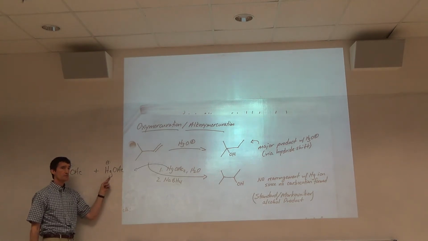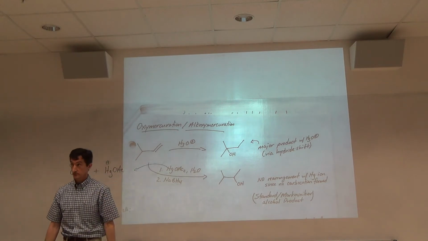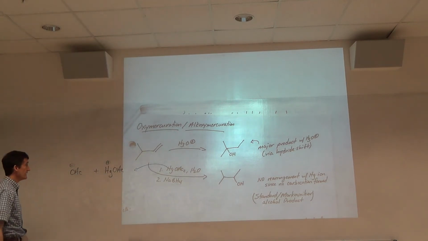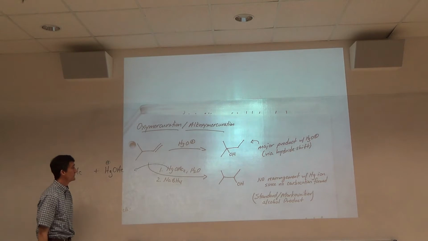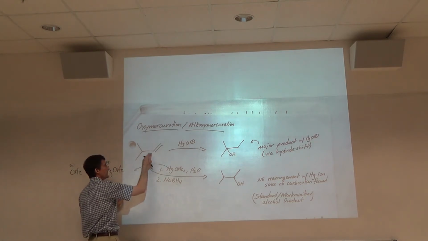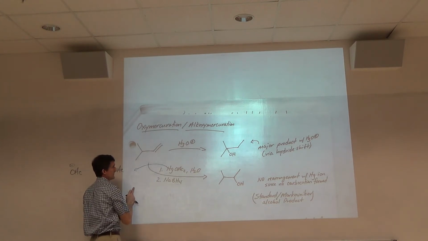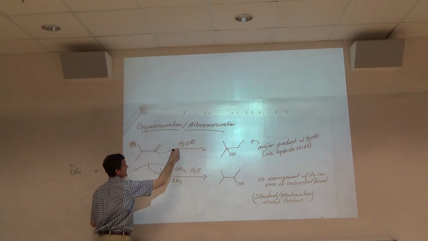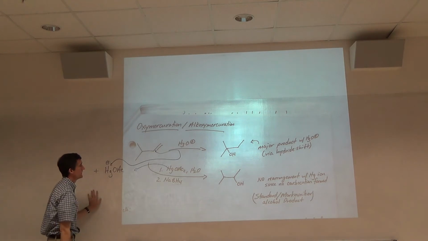That means it's electrophilic. It's missing an electron. Hg plus is analogous to H plus. And the alkene will attack the Hg plus. Now when this attacks the Hg plus, are we going to leave the plus on top or bottom? Bottom. So this hinges away, attacks the Hg.